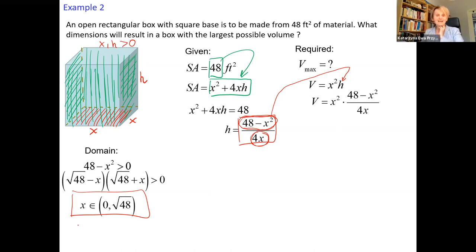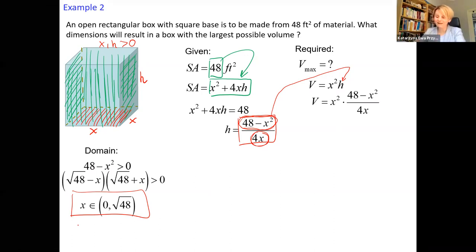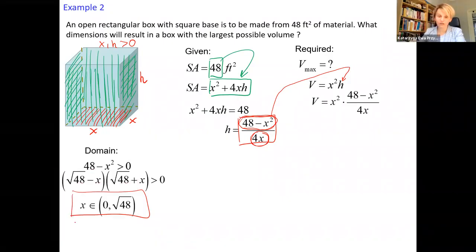Okay, let's take care of the function v, and let's find critical points and the local absolute. Why? Because I want the local maximum, which will be the absolute maximum. What do we have?